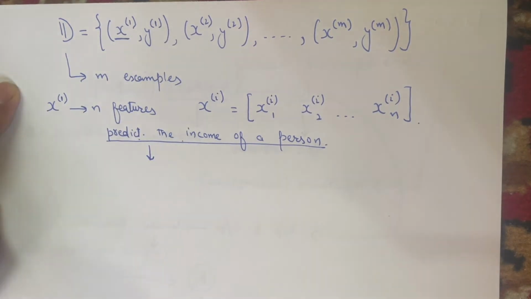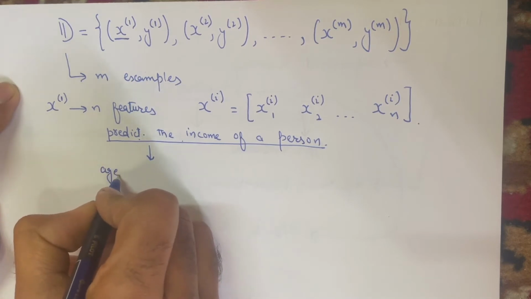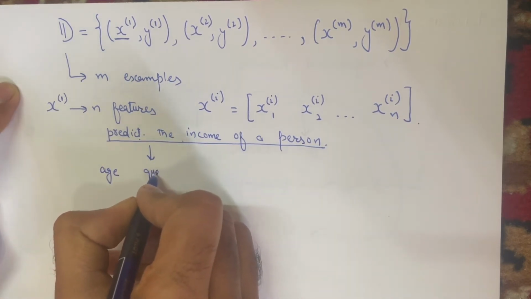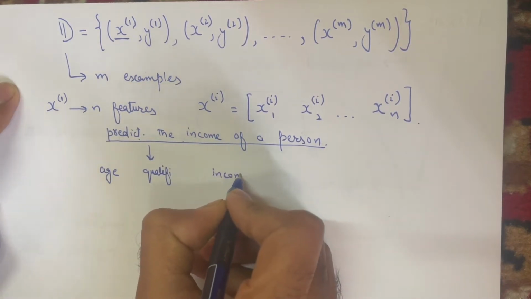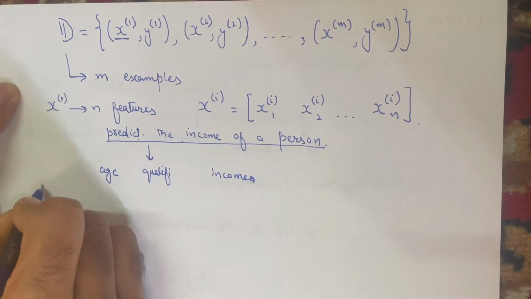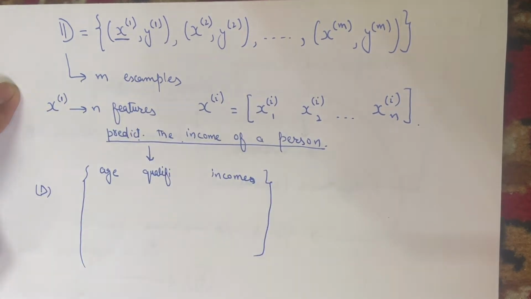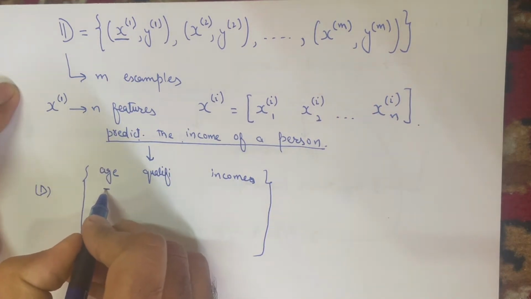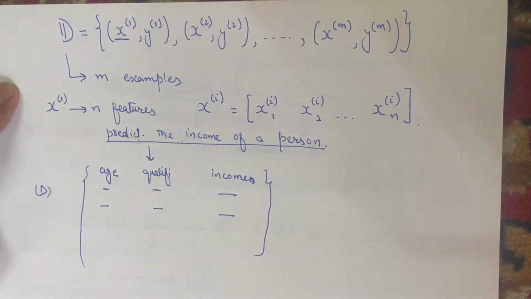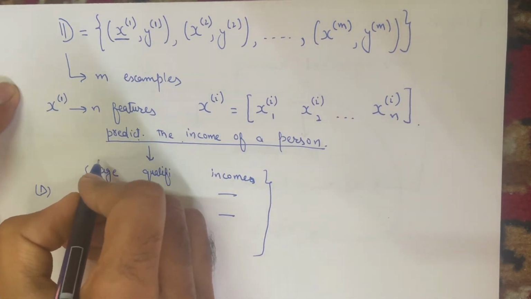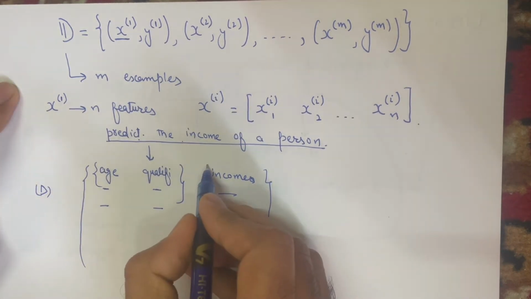For example, the input is two things here: one is age and second is qualification, and the output will be income. We will have a data set containing the points of various persons where we are given age, qualification and income. So we can say these two together are our input x, and this is our output.